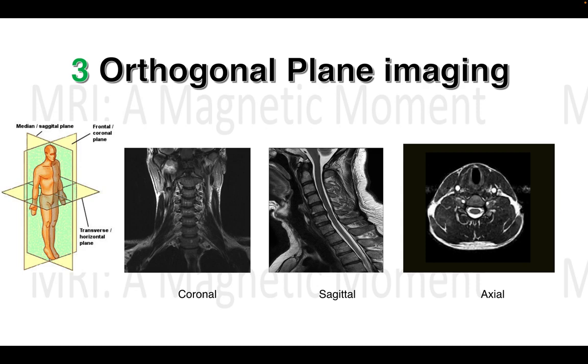In MRI, we have the ability to capture images in axial, coronal, and sagittal planes compared to the other two modalities. Like X-ray, we obtain the image in one plane, and then we have to reposition the patient to get a sagittal view, like in chest X-ray.